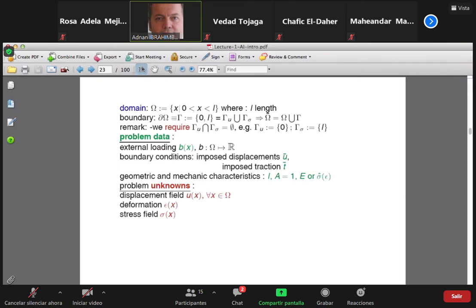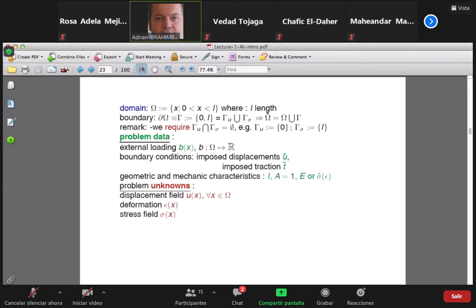So the domain omega being the inside of the interval from 0 to L, and the boundary containing these 2 points x equal to 0 and x equal to L, they together are denoted as omega with the bar. In other words, this is like a complete domain, including these 2 boundaries. For a well-posed problem, we require that gamma u and gamma sigma cannot overlap.